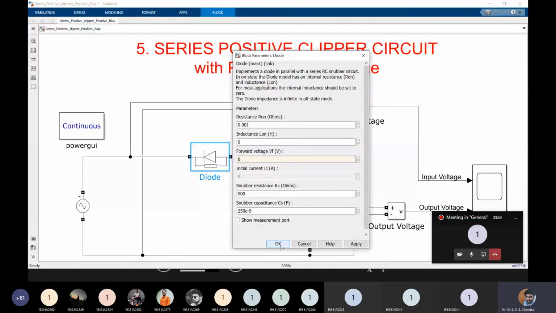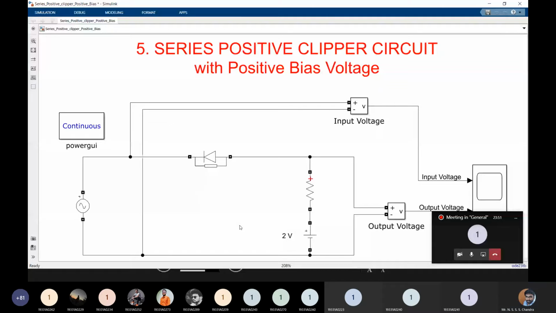Initially I'm considering an ideal diode where your VD is equal to 0. Here I'm keeping the battery. So when this input voltage is less than your battery voltage, then only your diode should be in conduction. Otherwise it should not be in conduction.